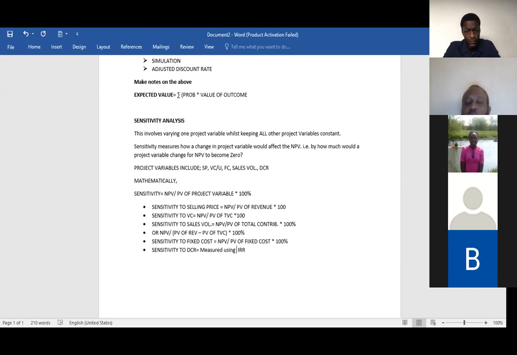So we'll first of all measure the IRR, and once we've gotten the IRR, if the rate moves to the IRR, NPV will become 0. So the difference between our current cost of capital and our IRR is the sensitivity to discount rate.